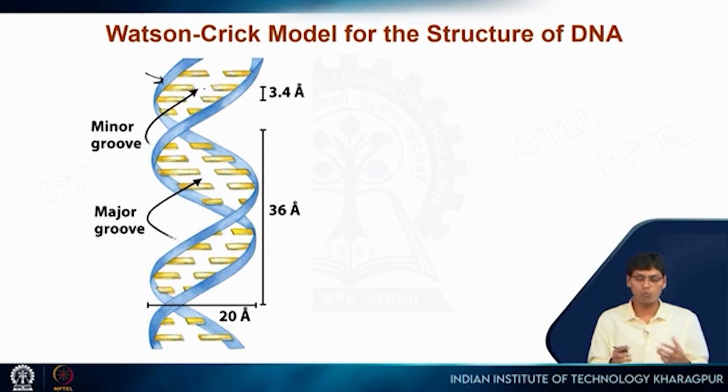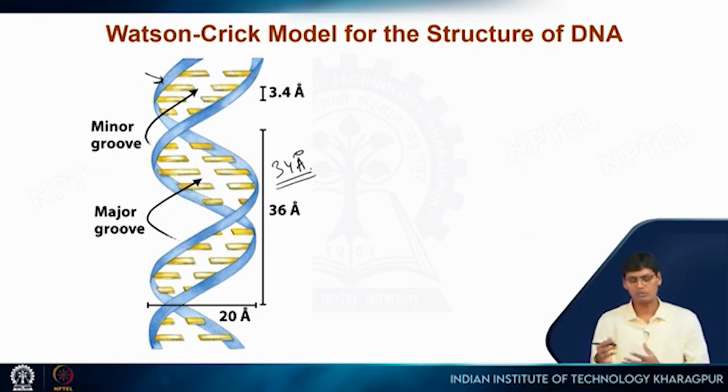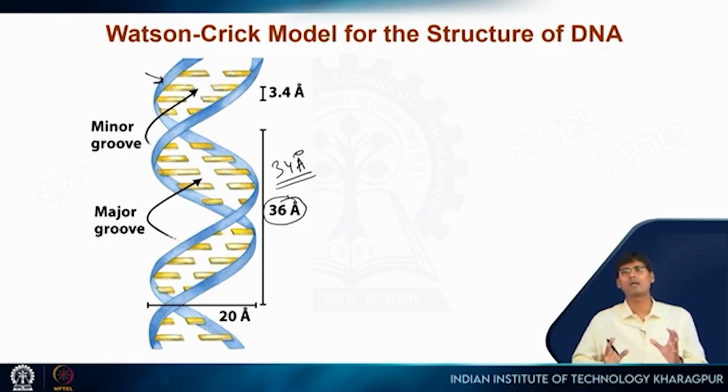For example, in one turn, Watson and Crick observed the distance to be 34 angstrom. But later, a more correct measurement defined it as around 36 angstrom. And in one complete turn, we now say that 10.5 residues are present. Those are some specific details, and not knowing them will not be a problem.